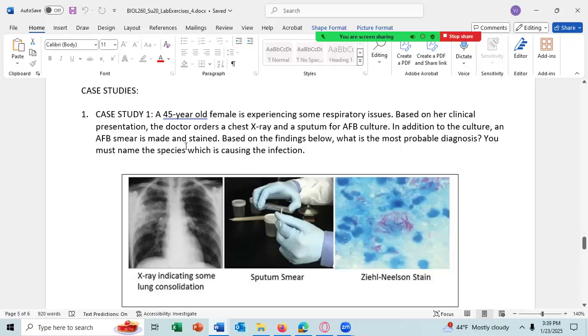So you must name the species by its scientific name, meaning give the genus and the species-specific epithet. Sorry. And there's the x-ray of the patient. You'll notice that this lung looks odd right there, and right there, and right there.